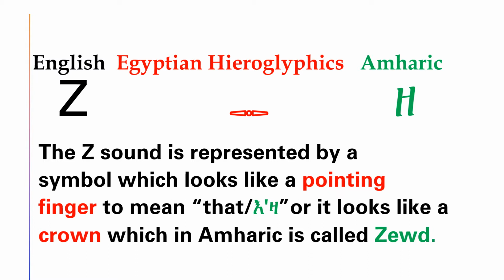We call it zawd. And it starts with a Z sound, the sound of the Semitic sound. So it can be a pointing finger, or it can be a crown, the symbol that we are seeing on the Egyptian hieroglyphics.